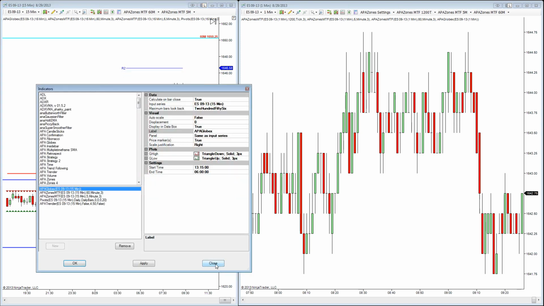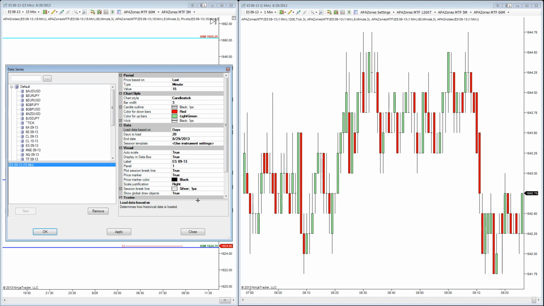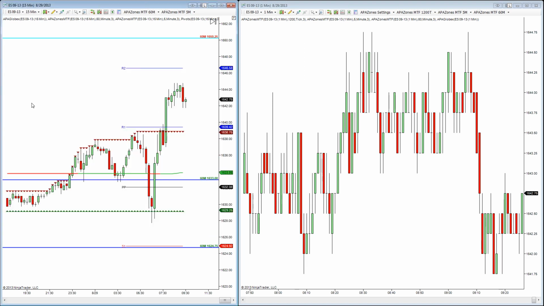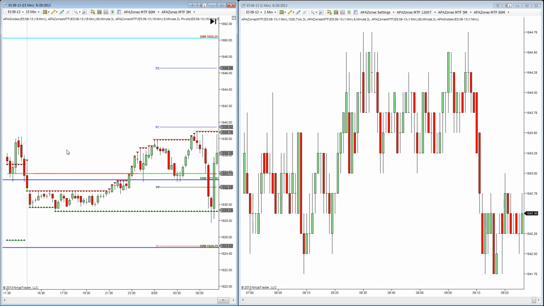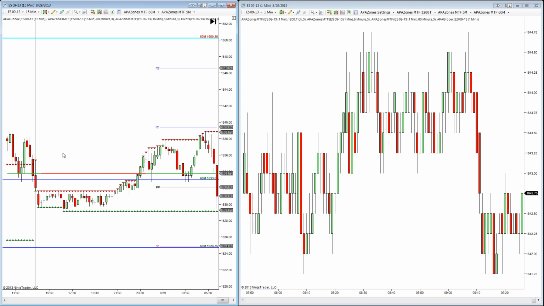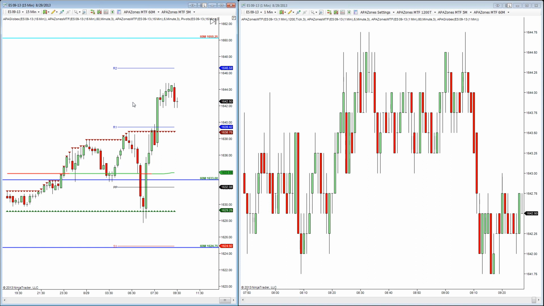I usually like to take my 15-minute chart and make it an RTH chart, just so that I can see where my gap is from the previous day, but it looks like I have 24/7 type of data coming onto this 15-minute chart right now.